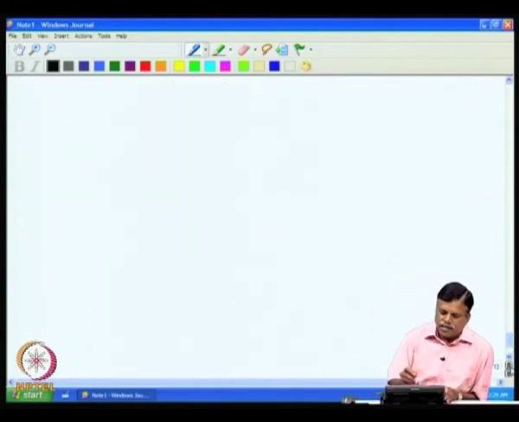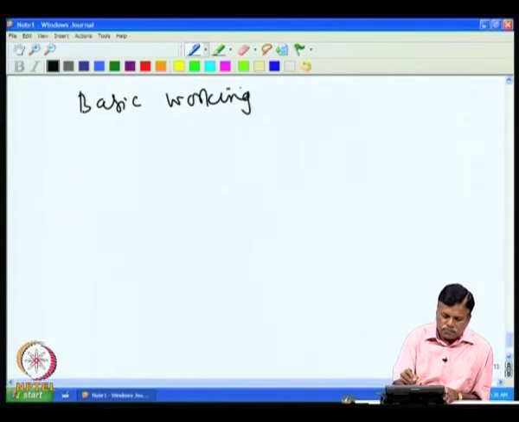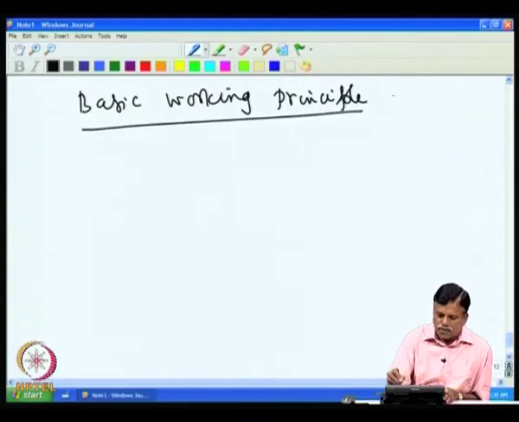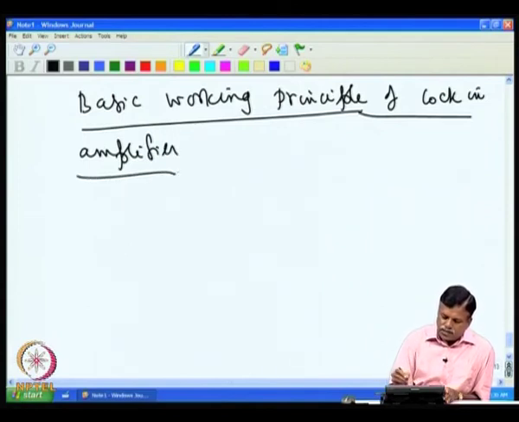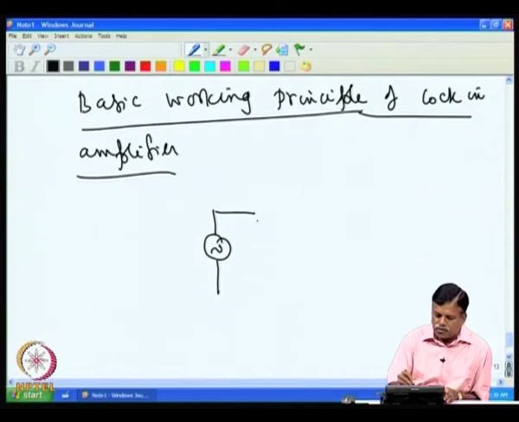Basic working principle: let us assume that we have a signal source and then the noise, and then I pass it through a switch, and then I have a load here.